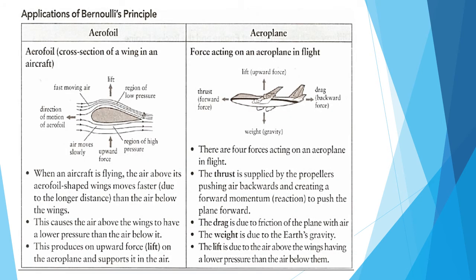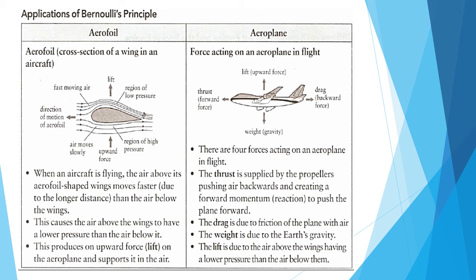Okay, now we look at the action of the Bernoulli principle in the aerofoil wing. This is the shape of the wing, the cross section of the wing of an aeroplane. When an aircraft is flying, the air above its aerofoil shaped wing moves faster due to the longer distance than the air below the wing. That means on the top of the wing, the air flows faster. At the bottom of the wing, the air flows slower.